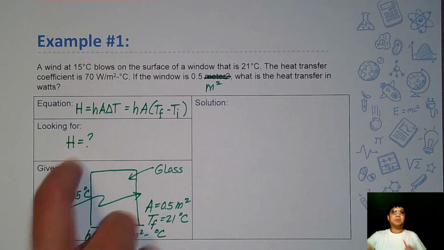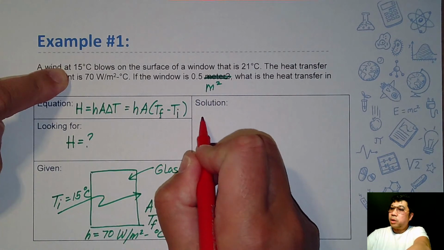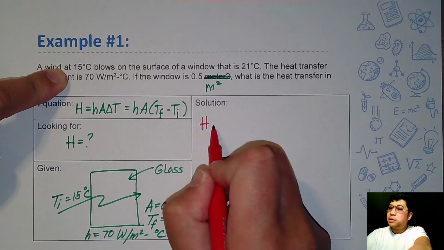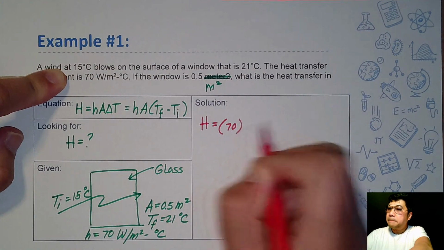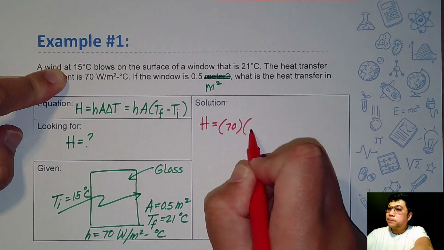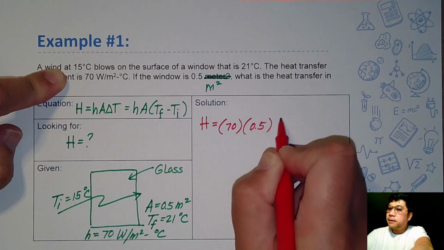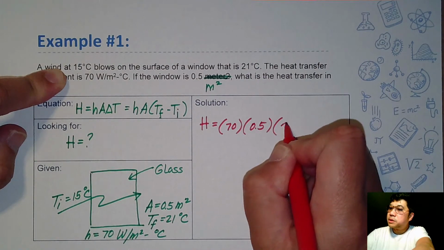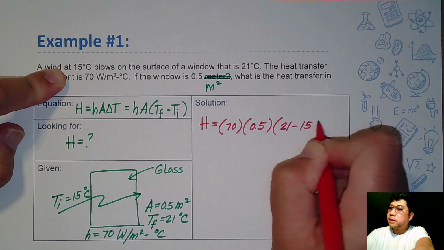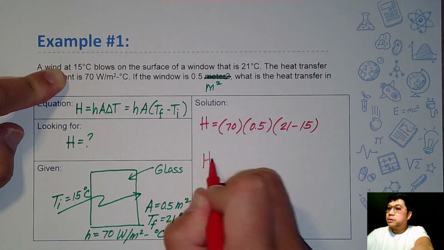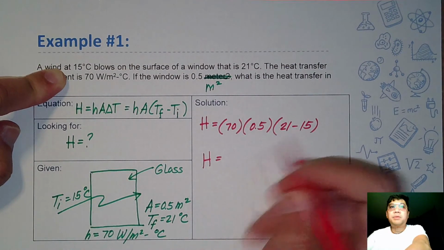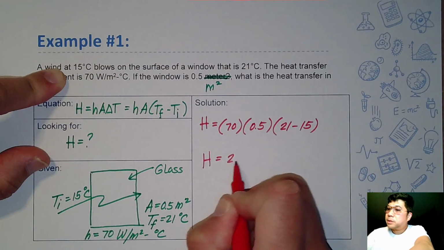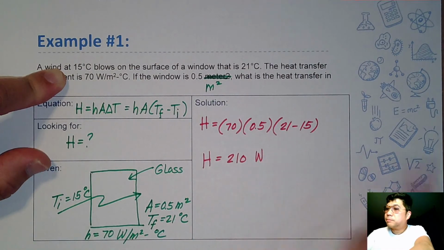We want to solve for our uppercase H. So let's place our coefficient of 70 multiplied by the area of 0.5, and then the difference in temperature, which is 21 minus 15. Using our calculators, simplifying this value will give us 210 watts.